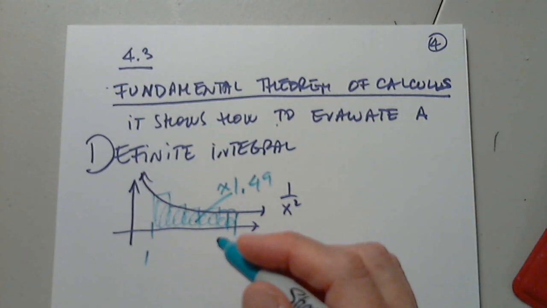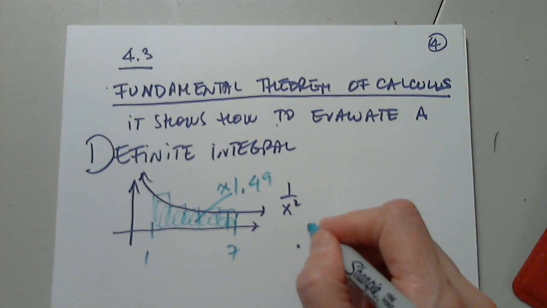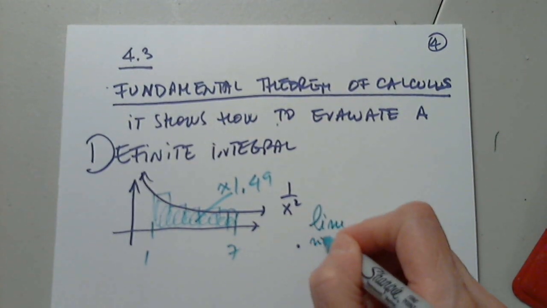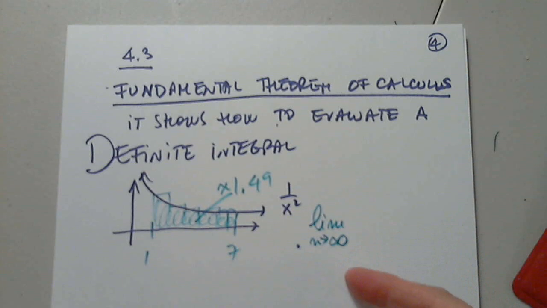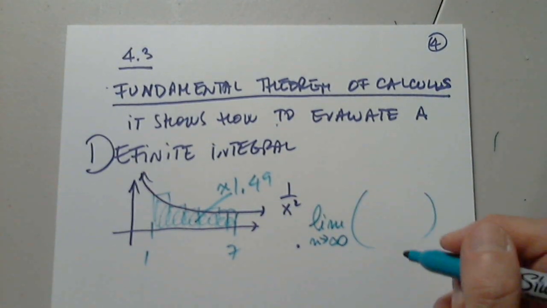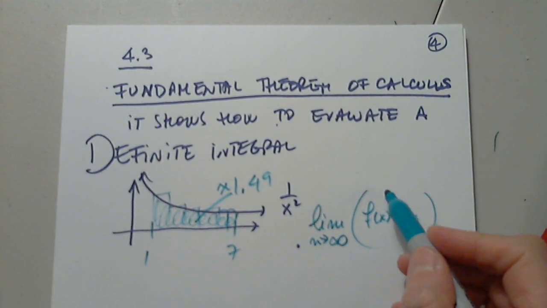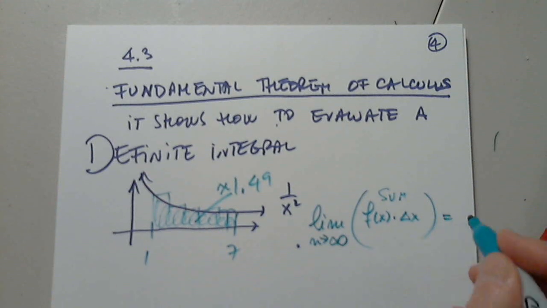Well, how did we discuss this last time? Normally, when we determine the limit, as the number of subintervals goes to infinity, from that Riemann sum, the function times dx, and that's the sum of them, we said that this was exact.